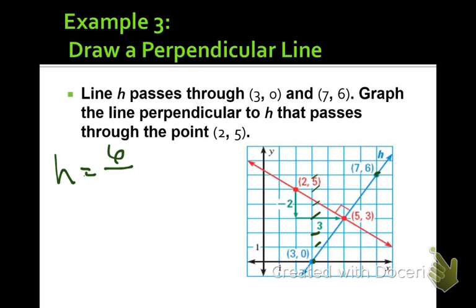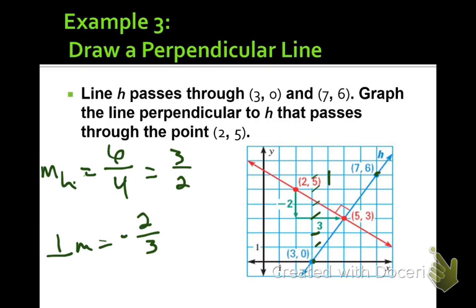And you have to run 1, 2, 3, 4. So proper notation here would say that the slope of H is 3 over 2, which means that the slope of a perpendicular line has to be opposite reciprocals. So the perpendicular slope would have to be, flip it and switch it, negative 2/3.